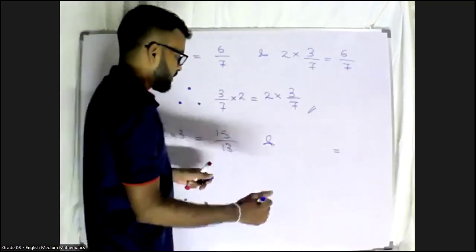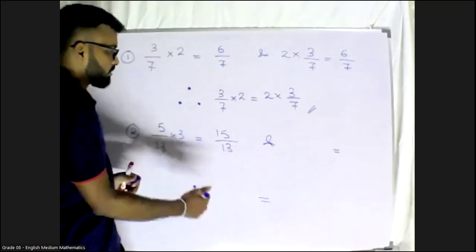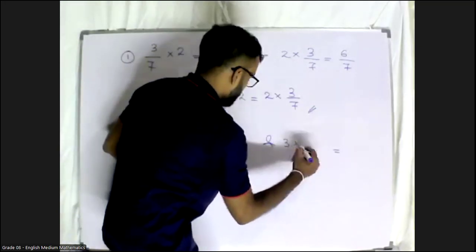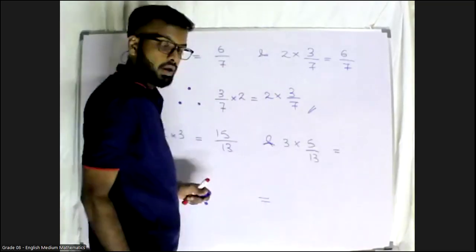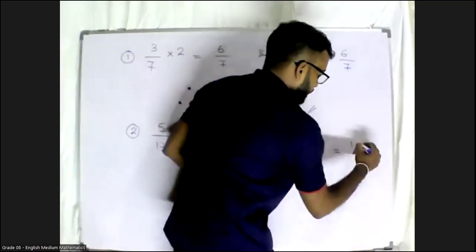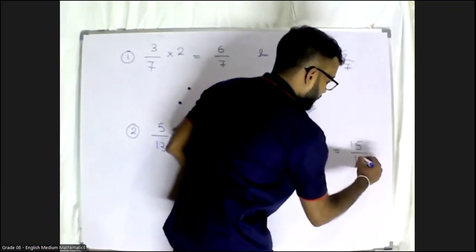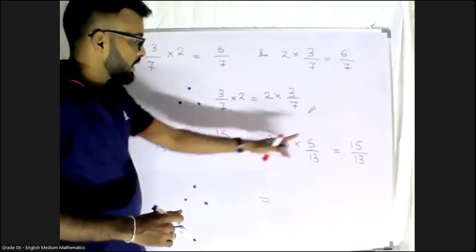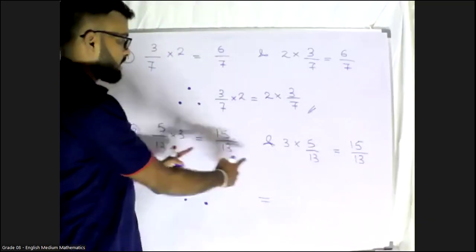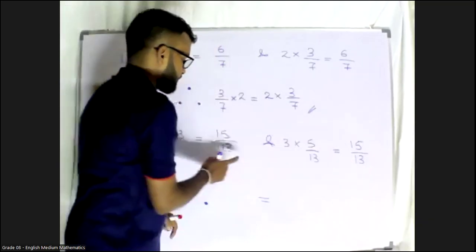Then other way around. So I am writing 3 times 5 upon 30. 3 times 5, 15. Denominator is 30. Then both have same answers.